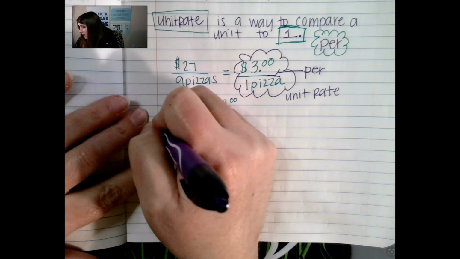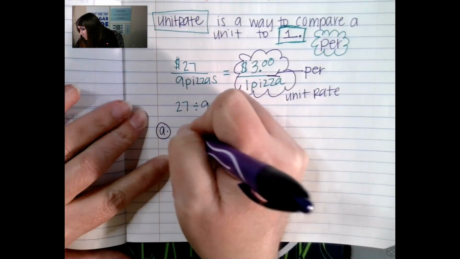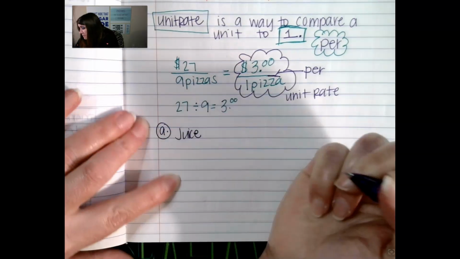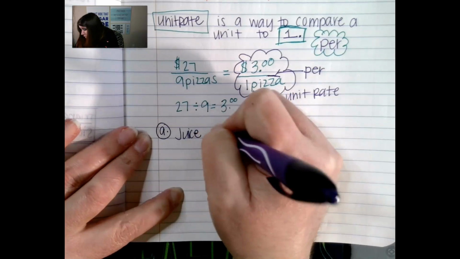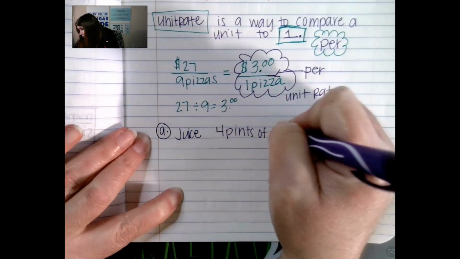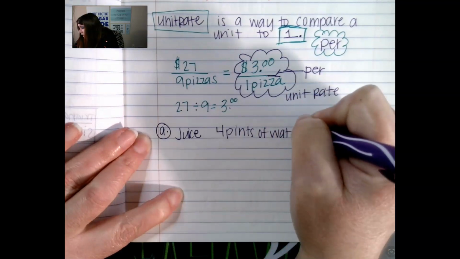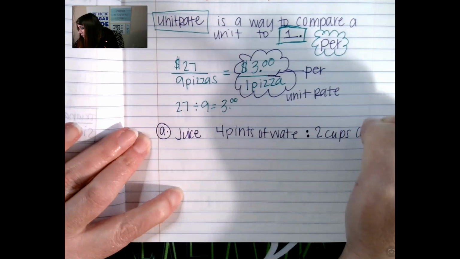So let's say that I am making juice, and my juice is 4 pints of water for every 2 cups of concentrate.